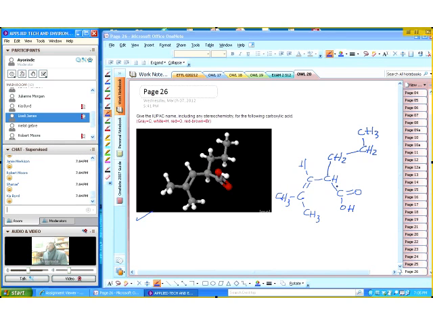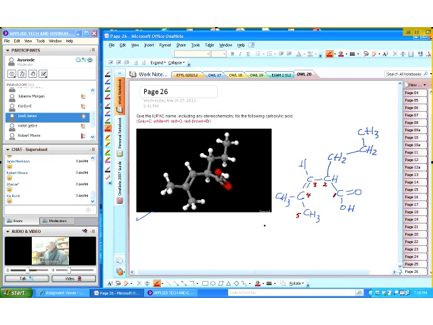Good. So now, we say that the longest carbon chain contains the carbon-carbon double bond, which is this one here. So this is carbon number 1. Now let me change my pen. Carbon number 1, carbon number 2, number 3, number 4, and carbon number 5.